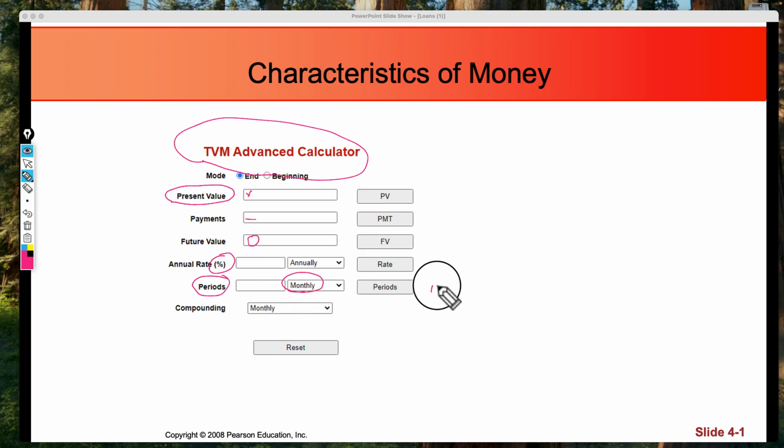So monthly would be 12 times the number of years. That's the most typical one, but sometimes we'll have quarterly payments, which is 4 times a year. So watch for that. But again, most things in our world are done on a monthly basis. Okay, and so then you need the compounding to match the periods.